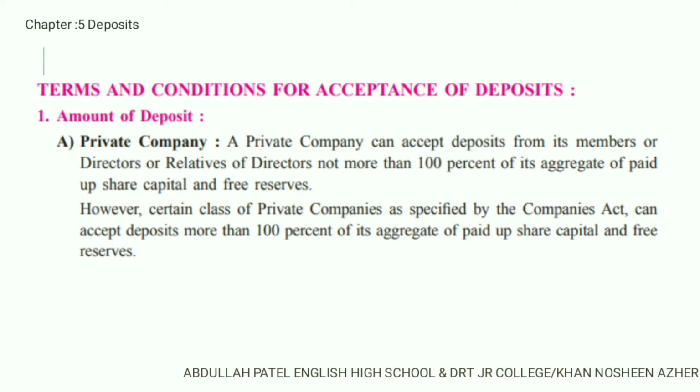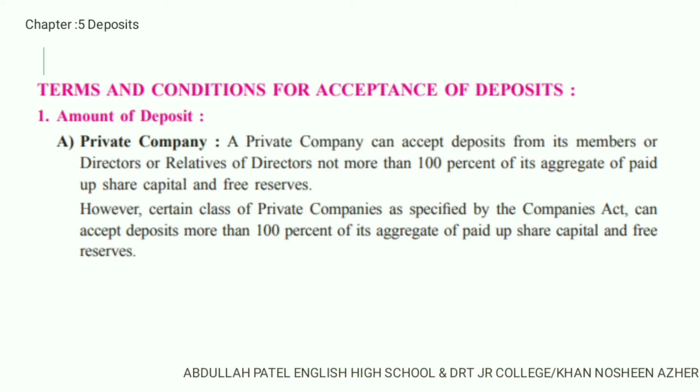That means in a private company you cannot accept deposits from the public, but you can accept deposits from the members, directors and relatives of the directors. Another condition: however, certain classes of private companies, as specified under the Companies Act, can collect more than 100% of the paid up share capital and free reserves.